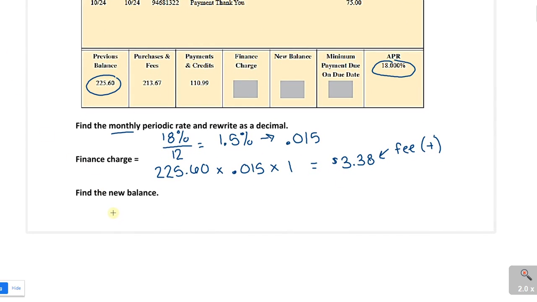we're going to take our previous balance. We're going to add in our finance charge. We're going to add in our purchases and fees.